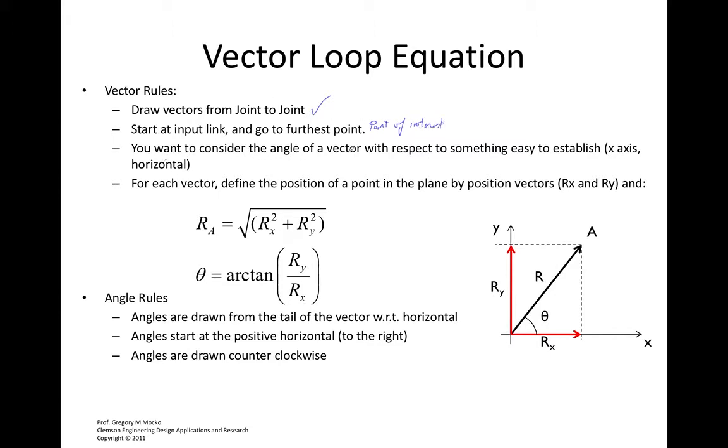You want to consider the angle of the vector with respect to something easy to establish. So the x-axis is horizontal. Okay. For each vector, we define the position of the point by the plane, the position of the vectors, rx and ry. Here we go. And then angles are drawn from the tail of the vector with respect to horizontal. So angles start positive, and then angles are drawn counterclockwise. Okay. So that's some nomenclature.